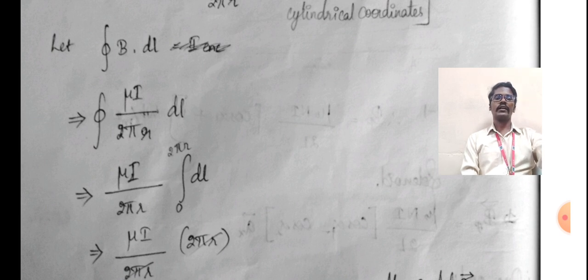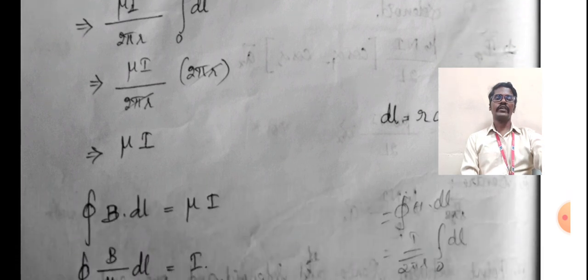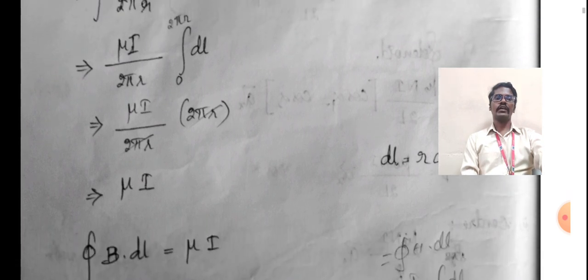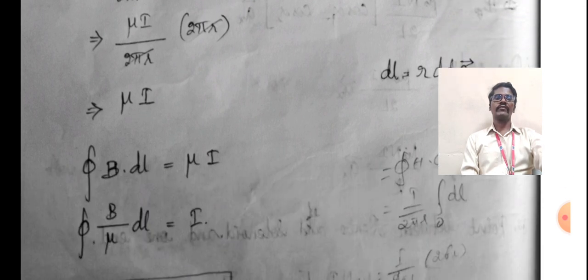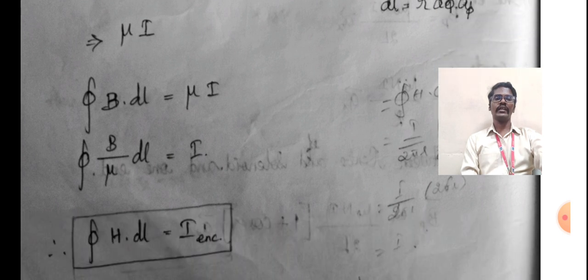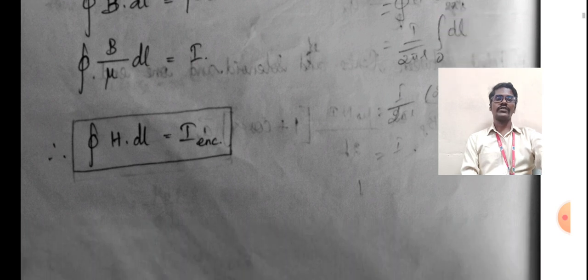The 2 pi r gets cancelled, leaving mu I. So line integral B dot dl is equal to mu into I. Bringing the mu to the left hand side, line integral B by mu dot dl is equal to I. Instead of B by mu, I can replace that by H, so line integral H dot dl is equal to the current enclosed. This proves the Ampere Circuital law.